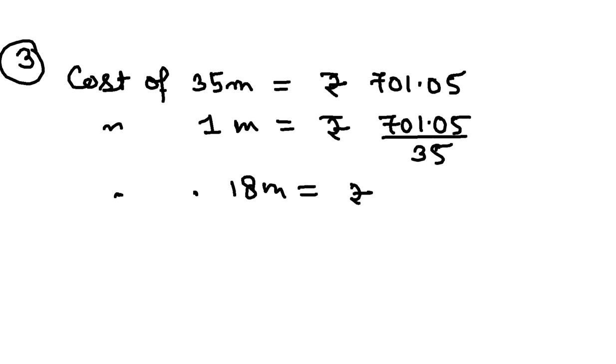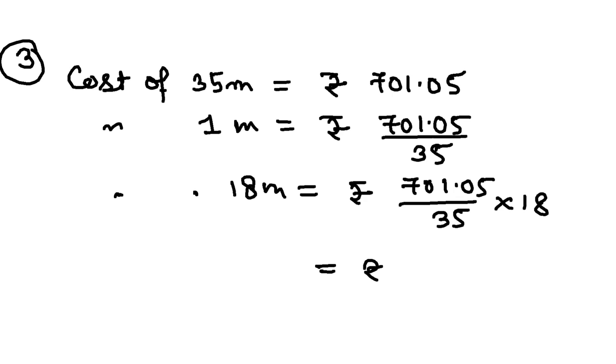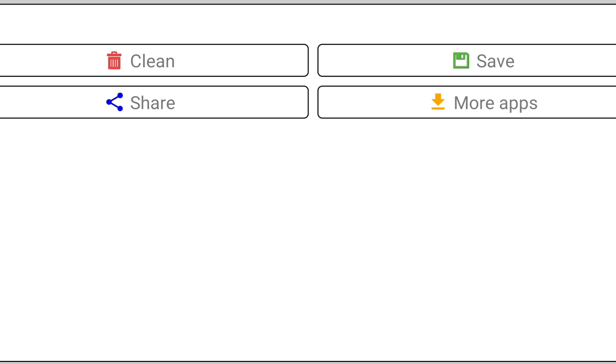So that will be rupees 701.05 by 35 into 18. You have to be a little bit careful with this calculation. Calculation is complex. Please try on your own, and your final answer will be 360.54. Now let's go to the next one, number 4.